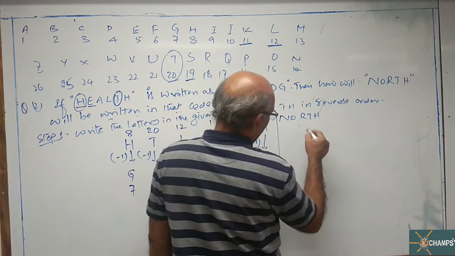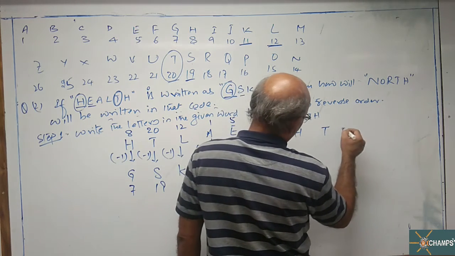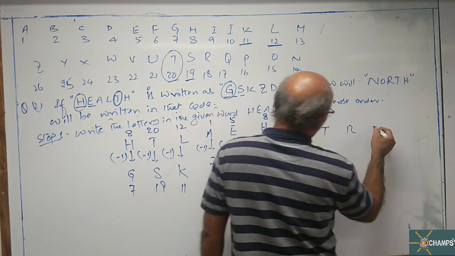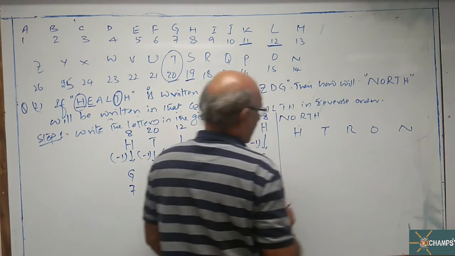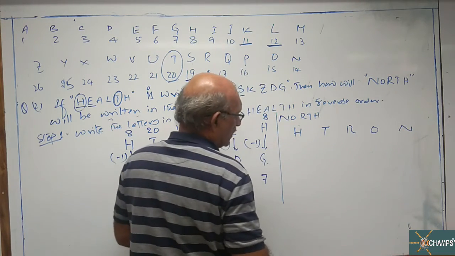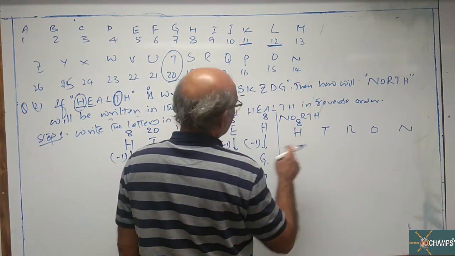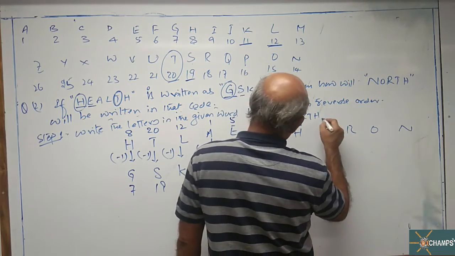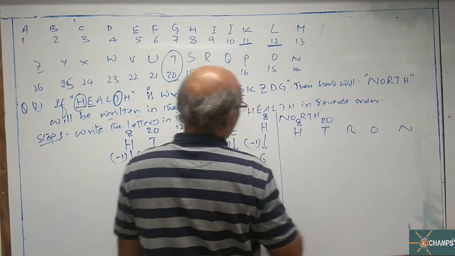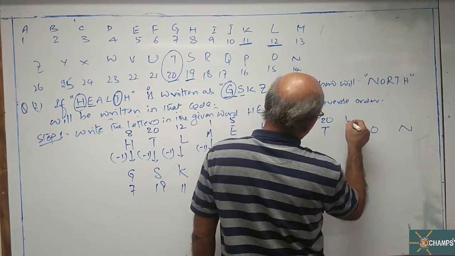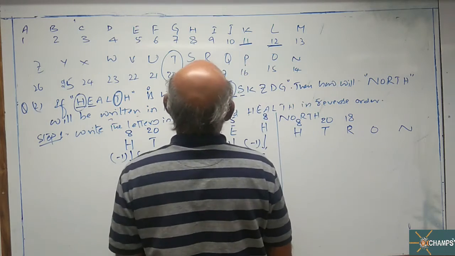First you write north in reverse order: HTRON. When I write north in reverse order, H number is 8. T number is equal to 20. R number is 18.